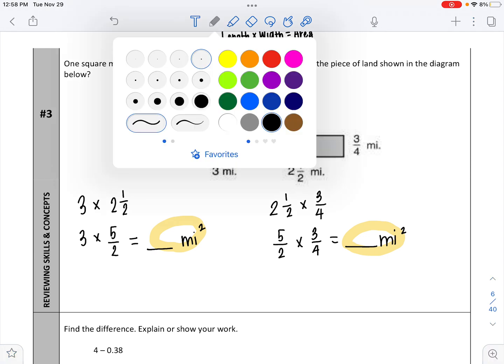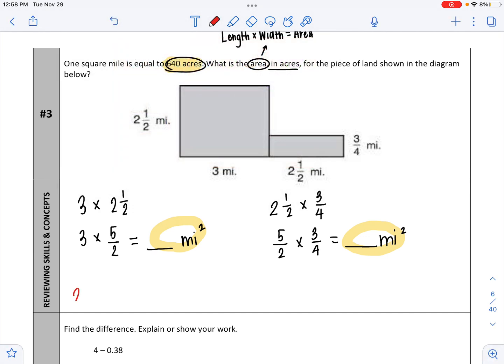This isn't related to the problem, it's just an example. 2 miles times 640 acres per mile would be equal to 1,280 acres. I can multiply because I know that for each mile there are 640 acres, and so however many miles I have times 640 will tell me the total number of acres. That's how you do question 3.